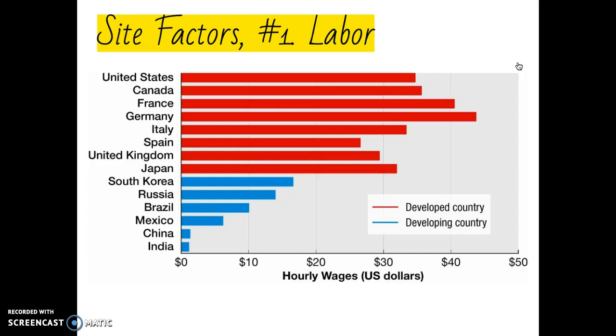However, if you look at developing countries or these newly industrializing countries, places like China and India, it's actually less than $2 per hour to pay a manufacturing worker. So that has huge repercussions for where industries are located.